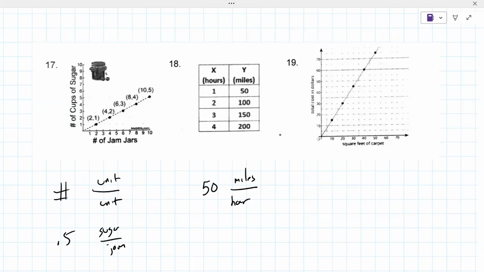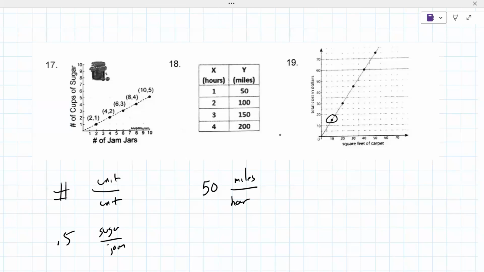So let's do this one. That's 15. Are you using the first point?